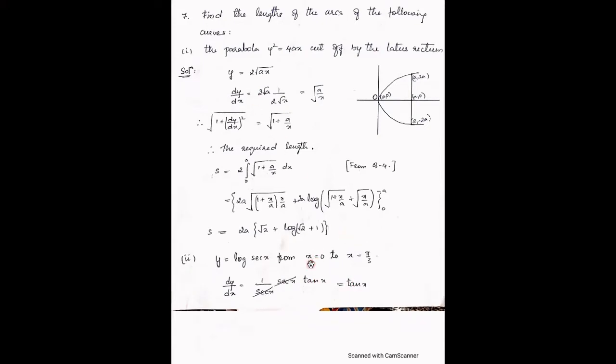Here you can see the limits, x is equal to 0 to x is equal to pi by 3. They have already given between which points you need to find the arc length. So I am using 0 to pi by 3 root of 1 plus dy by dx whole square. We have now found out what dy by dx is. So I have substituted that tan x. So 1 plus tan square x is secant square x.